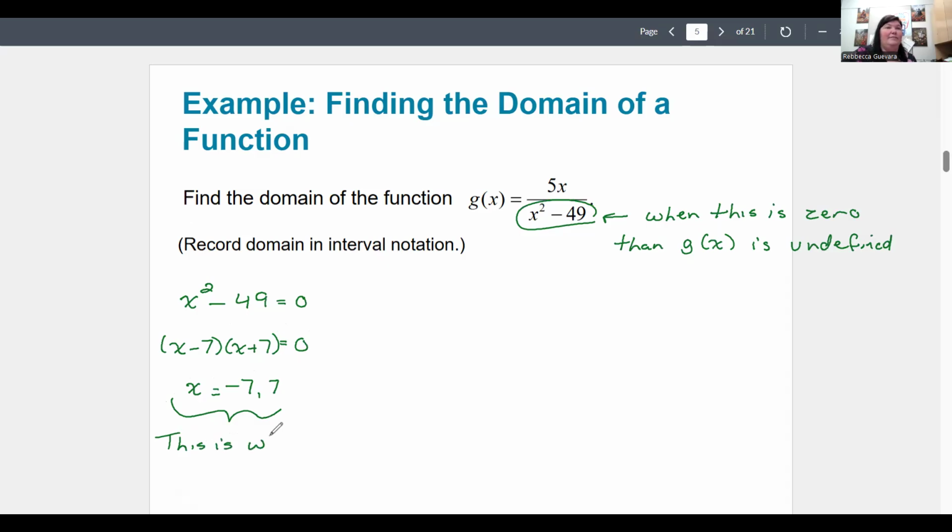So this is when the denominator is equal to 0.